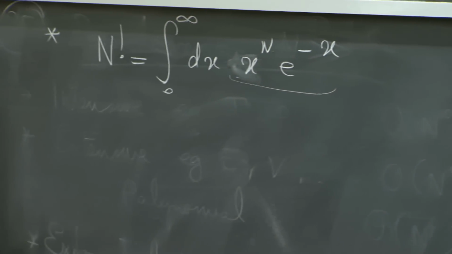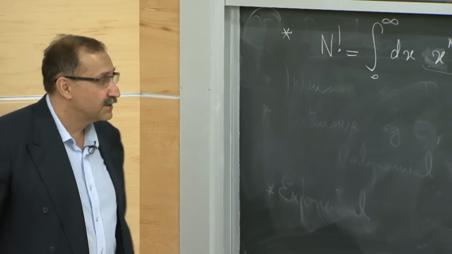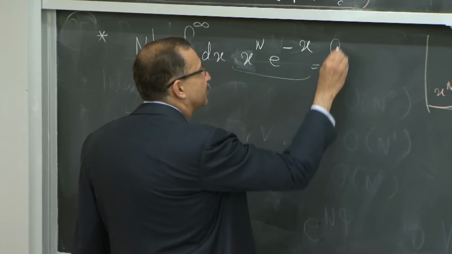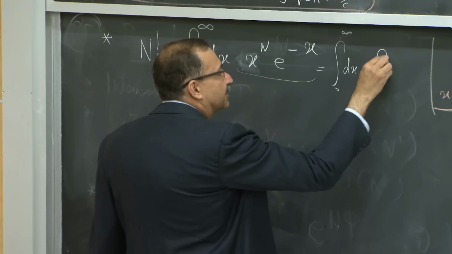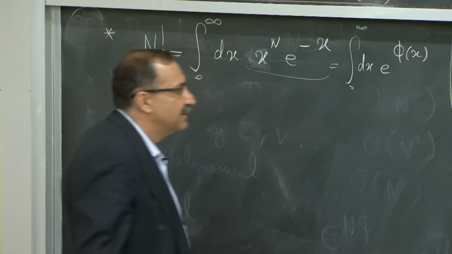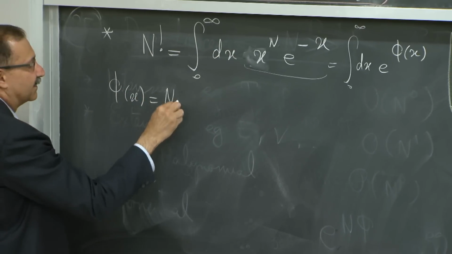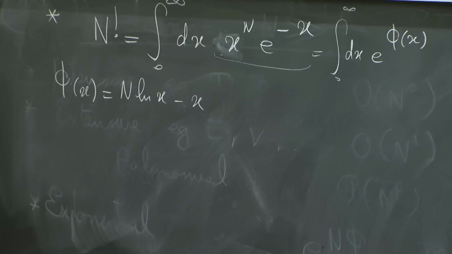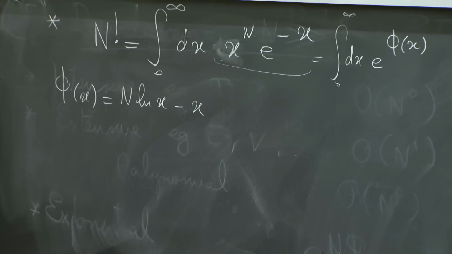But you can still use exactly this saddle point approach for even this function. And so that's what we will do. I will write this as the integral 0 to infinity dx e to the phi of x, where this function of x is n log x minus x.